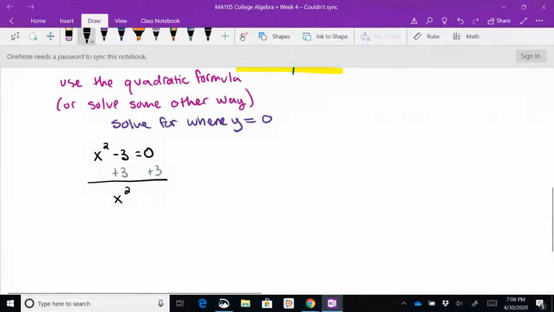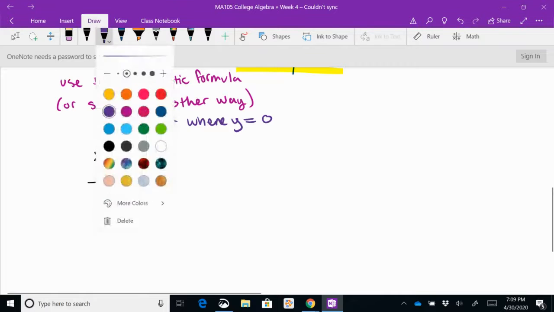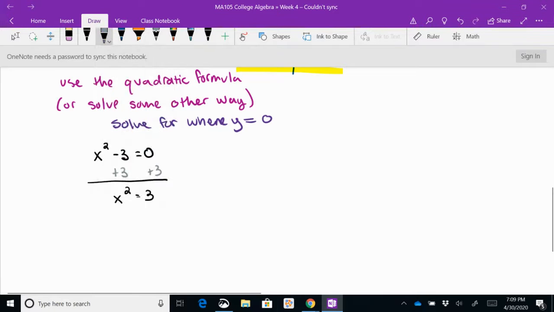So when I do that, I get x squared equals 3. So now I'm solving where this is equal to 0, and I want to take the square root of both sides to solve for x. This gives me x equals plus or minus the square root of 3.